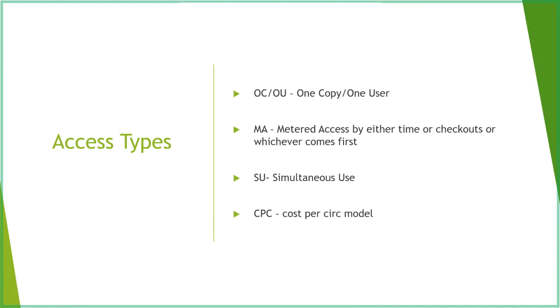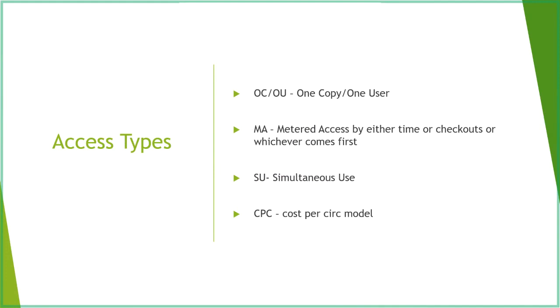Metered access is by either time, typically 24 or 12 months, or checkouts, whichever comes first. So there are a lot of different types of metered access. It's a pain in the neck, but that's what all of the big 5 publishers are using, so it's important to know.